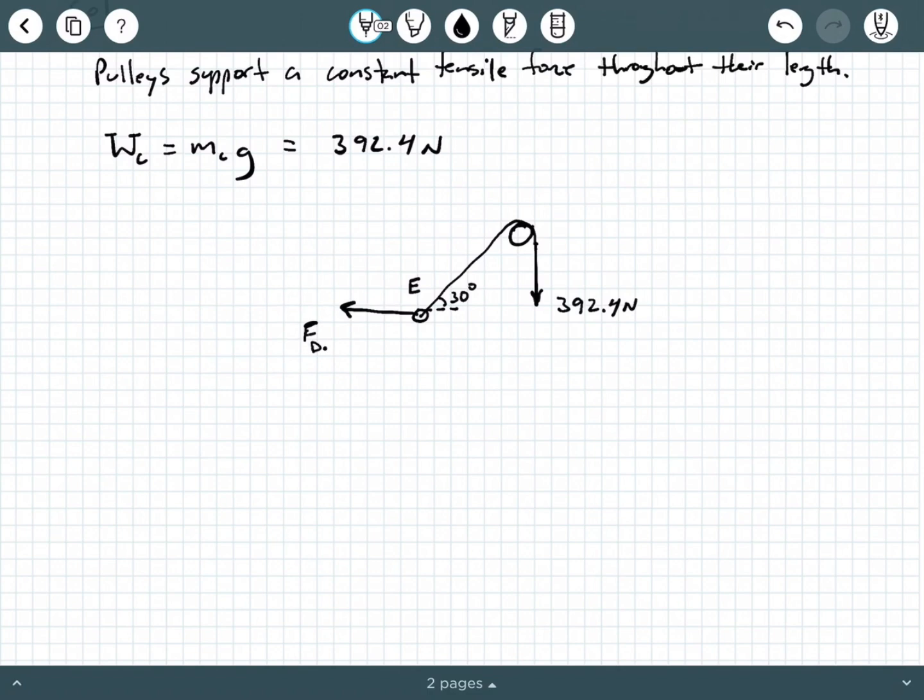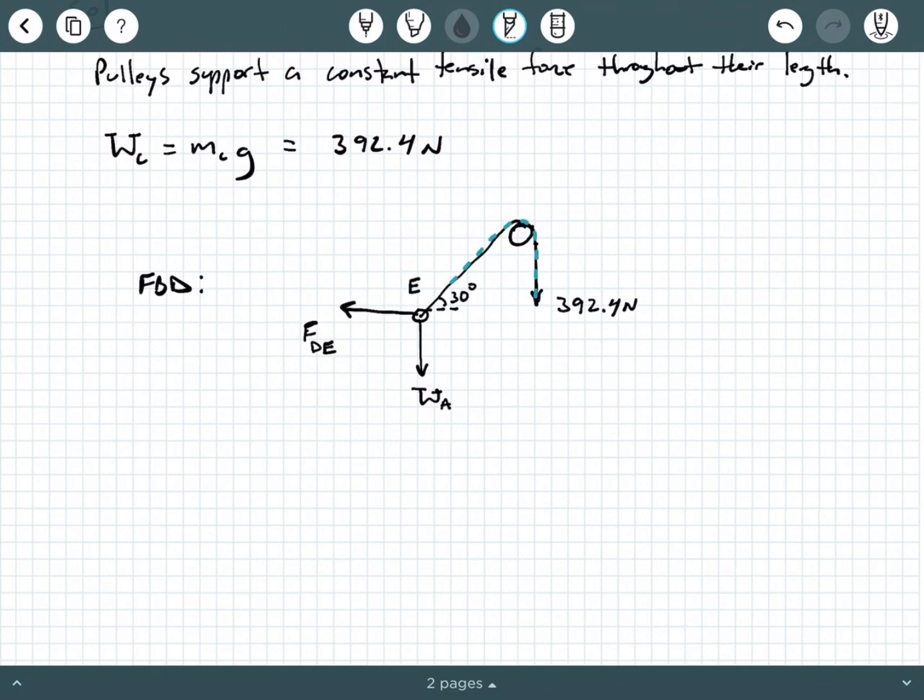And then we have here a force in DE. And then we have the weight of A hanging here.